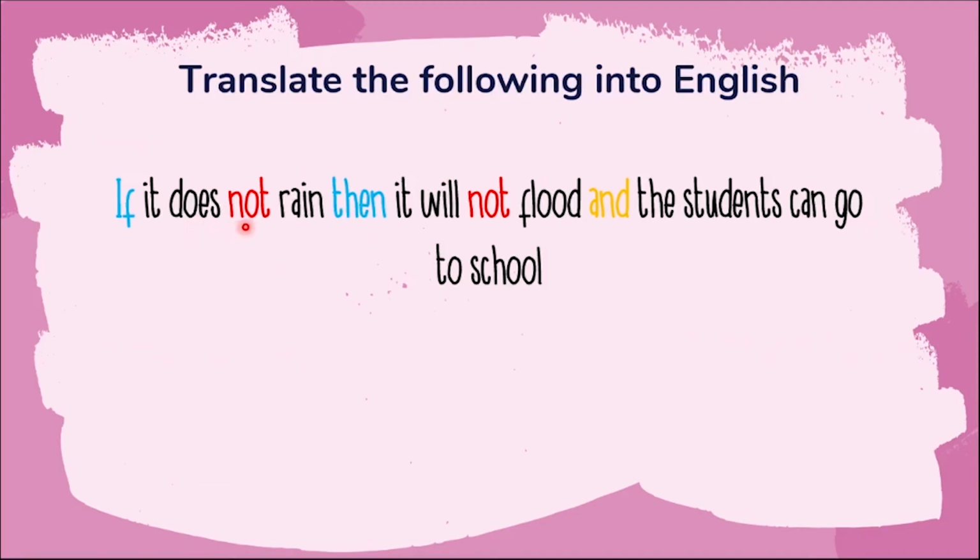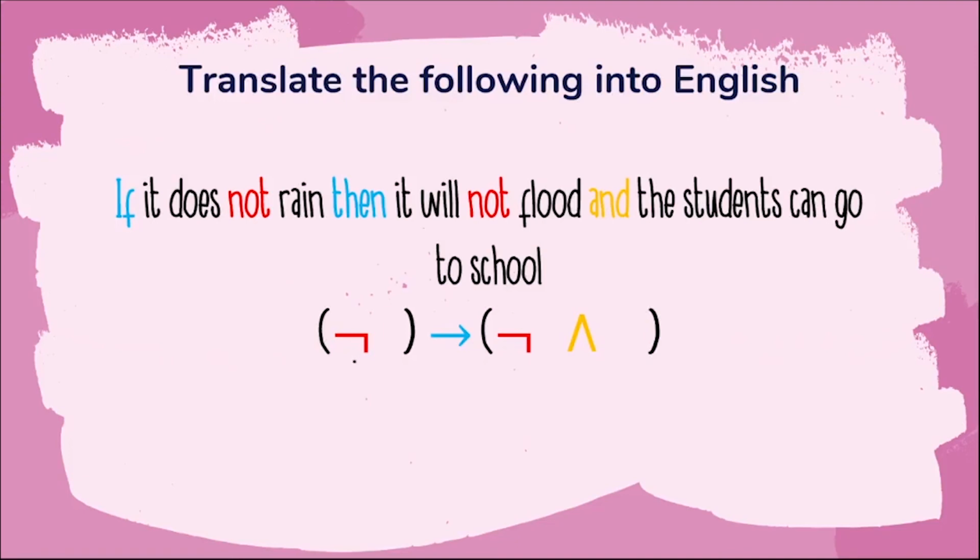If it does not rain, oh, I see, there's a not in here. So, let me put that in red. Then, it will not flood. Yeah, I see another not there. That is another connective. And, oh, there is an and. And we can color the and orange.